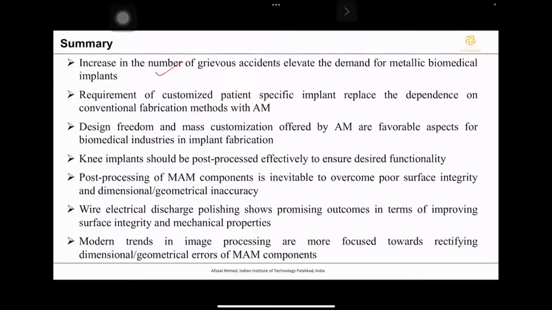Hello, Afzaal. Am I audible? Yes, sir, you're audible. But are you able to hear Dr. Afzaal's voice? No, sir. Maybe there is an issue. Maybe you can inform Afzaal through chat.